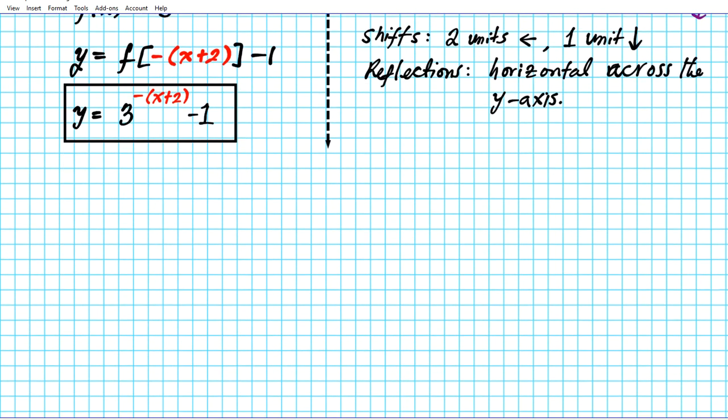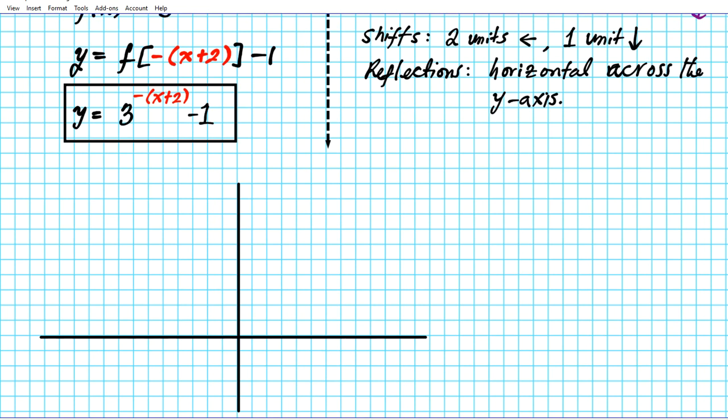Alrighty. Now let's go ahead and sketch the graph of our transformed exponential function. Now this is going to be a sketch. We're just going to be making use of the intercept and horizontal asymptote in our sketch. Okay? Alright, so let's go ahead and graph the horizontal asymptote first.